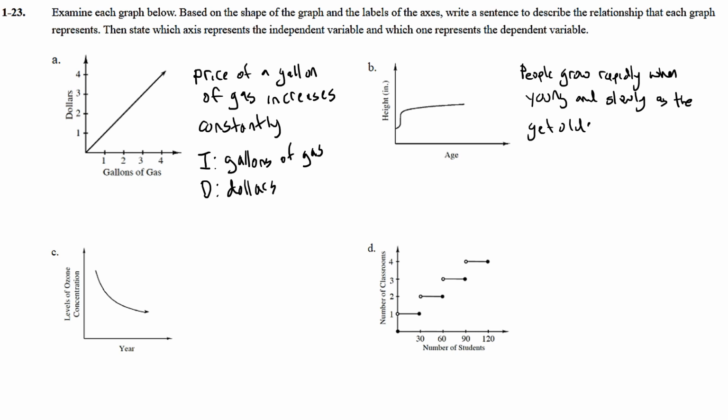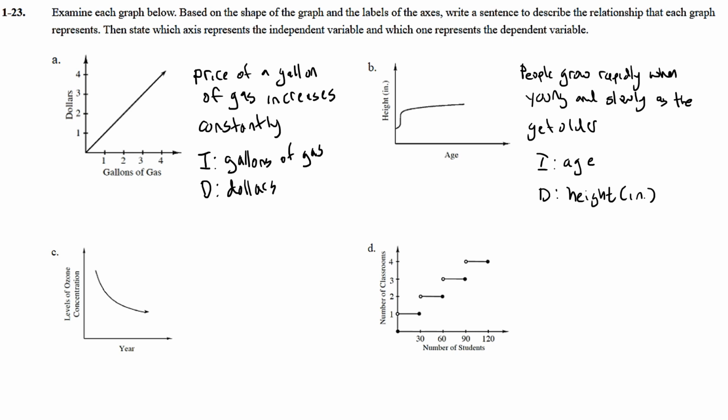We can see how at the beginning I have a rapid increase and I steadily increase and stop growing at some point. The independent variable is age. Remember, age is sort of like time, and so time is always independent. And the dependent variable is the height of somebody, and it's in inches.